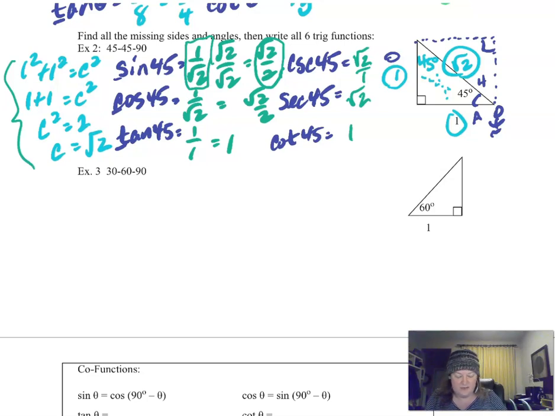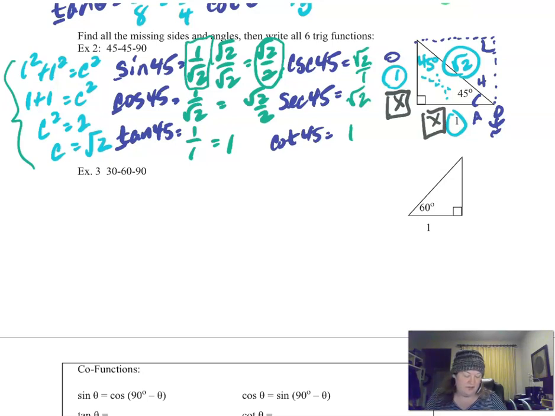But the other thing to keep in mind is you might have remembered long ago that there was a pattern you were supposed to remember. If you always label the shortest side x, that would be this side. That would mean this side is also an x because it's also the shortest side.